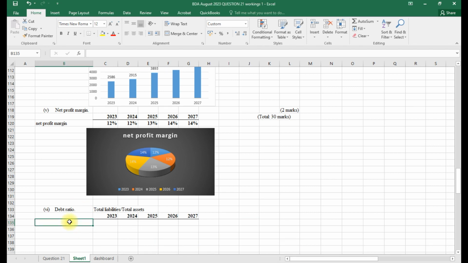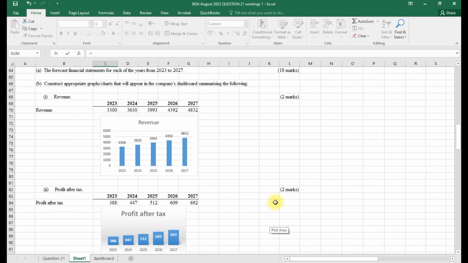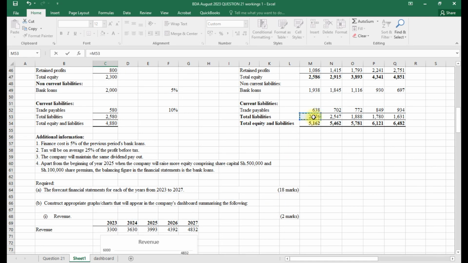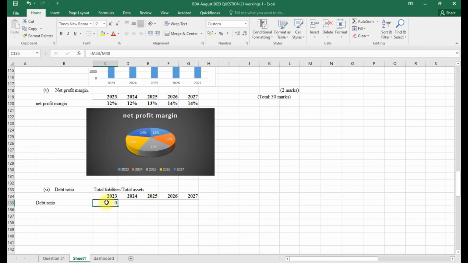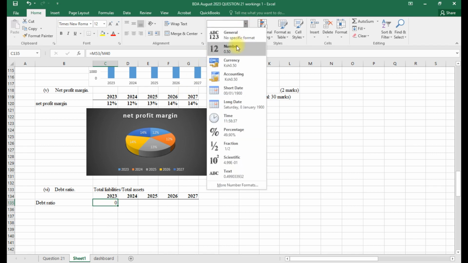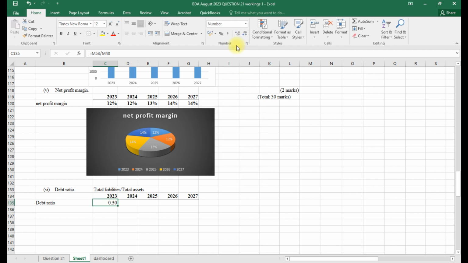So our debt ratio here, therefore, debt ratio for 2023, total liability that we have, already had total liability here, and you divide by total assets here, that way, and need it to be a number, 0.5 to 1, and I will drag that.